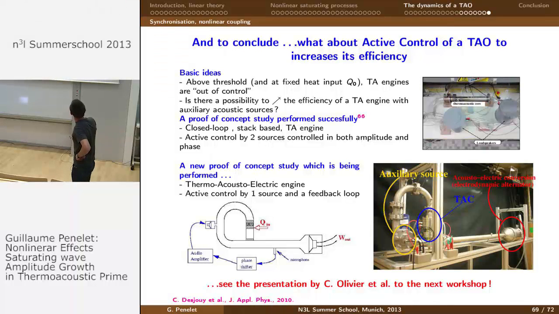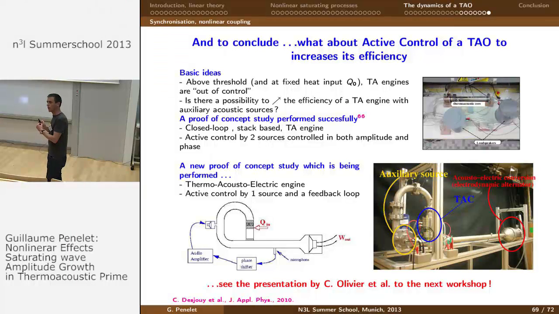So we have already made a proof of concept study in that kind of device, a closed loop waveguide, and these are two sources, two loudspeakers, that are driven in amplitude, and we also control the phase shift between the signals provided to these two loudspeakers.